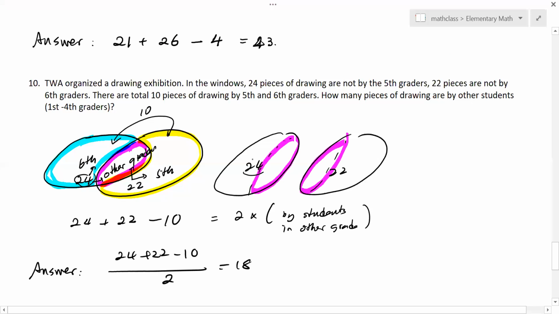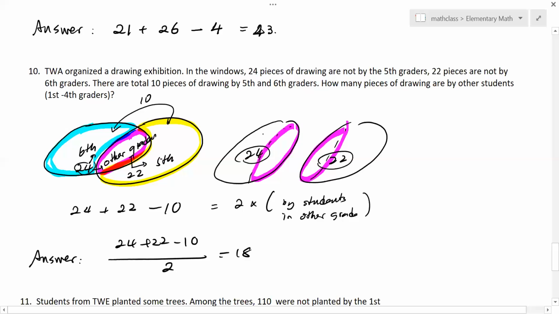Total 24 is for the whole group, and 22. We don't know how many pieces were joined by sixth grade, and we don't know how many by fifth grade, but adding them together, we know the total equals 10, by the fifth grade and sixth graders.